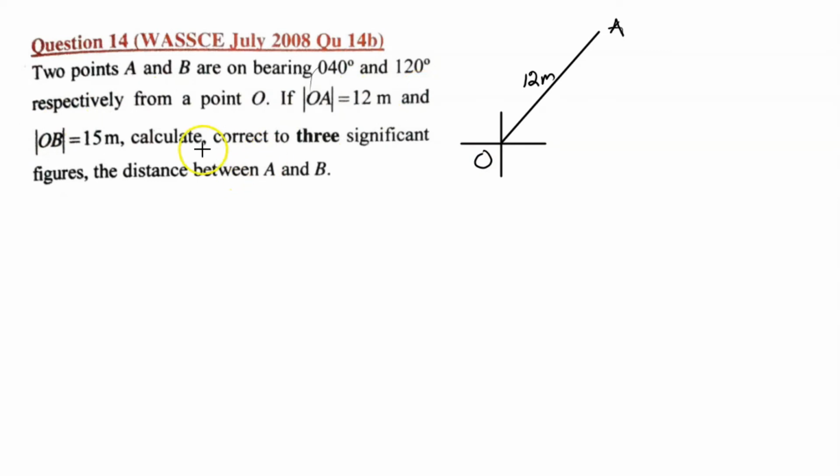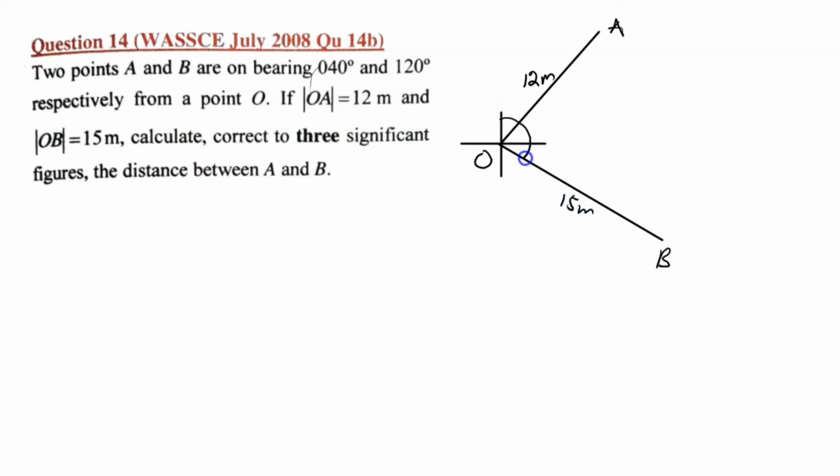So I have an extra 30 degrees here. But that distance, as you know, was 15 meters, longer than 12 meters. So let me have it there. And that leads me to the point B. So I have 15 meters here.